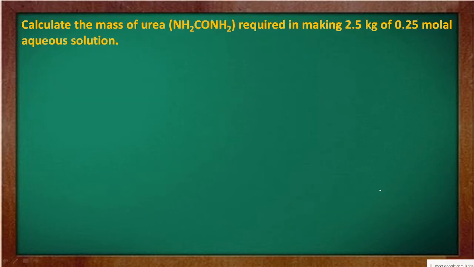Here: calculate the mass of urea required in making 2.5 kg of 0.25 molal aqueous solution. Now here this is your molal solution, and one thing is different here.